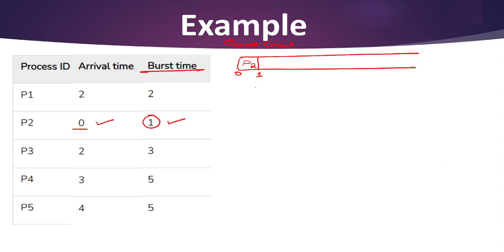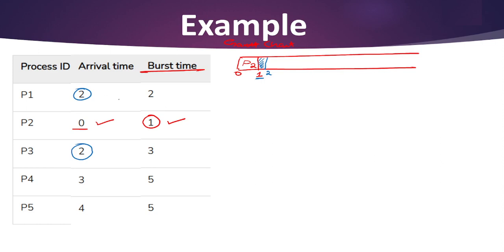Next, at the particular point 1, there is no process. And at the particular point 2, there are 2 processes that want the resources. So in this case, from 1 to 2, our CPU is idle, that is, it is free at this particular point.